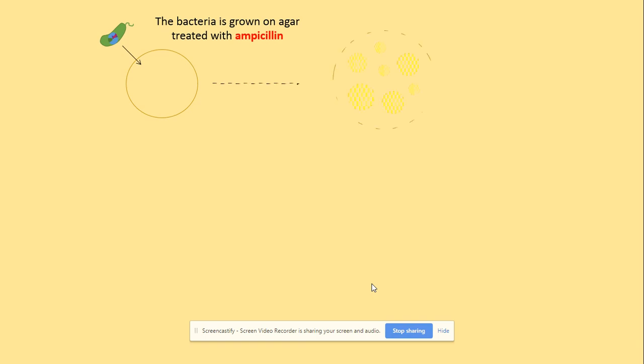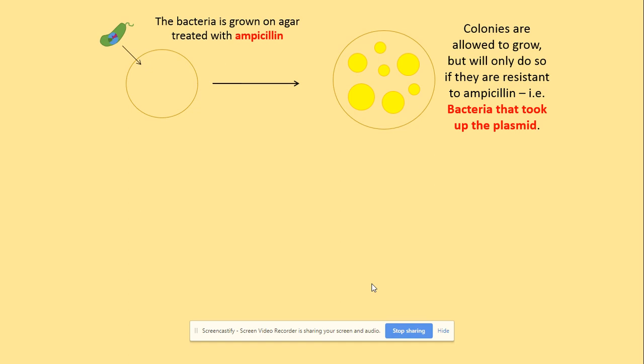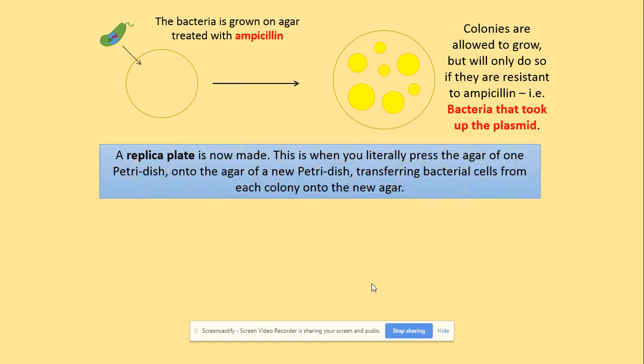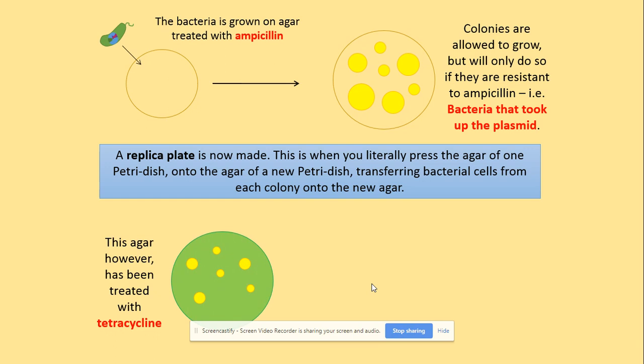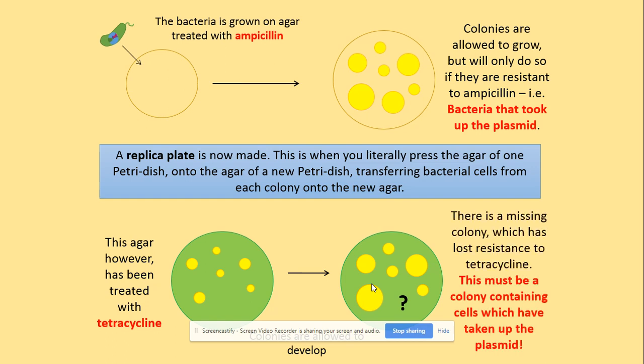The bacteria is grown on the ampicillin. We haven't used this antibiotic's gene to insert our gene of interest, so of course they should be growing. But what will happen if we treat them with tetracycline? Of course, our colonies will go missing, and those missing colonies tell us that the bacteria have taken up the plasmid.